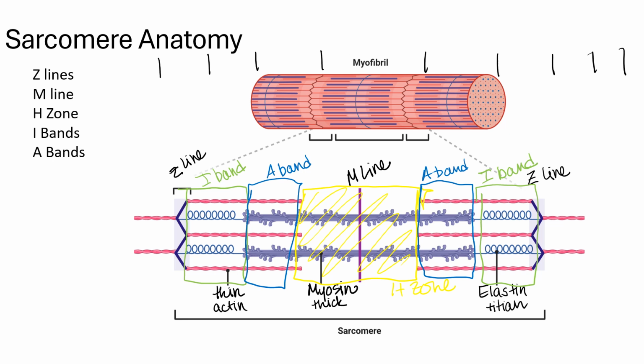And I also encourage you to take this picture up here of the myofibril and try to label these bands and lines on the myofibril yourself. Doing that, really redrawing it, helps students realize, oh, okay, it's not exactly what I thought.